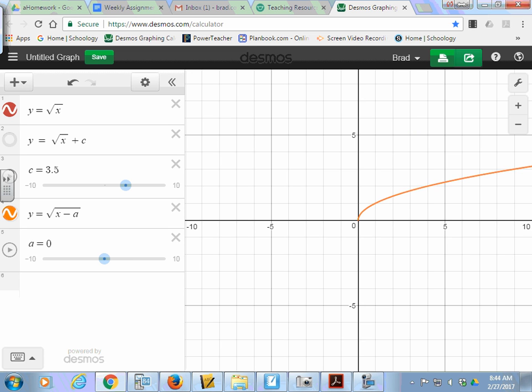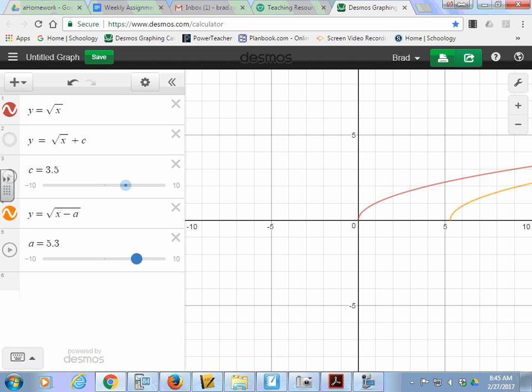All right, so let's look at what happens with x minus a then. If I move it to the left, which means a is a negative number, then the graph is going left. It's going to the right when I have positive numbers. So what's changing there, domain or range?